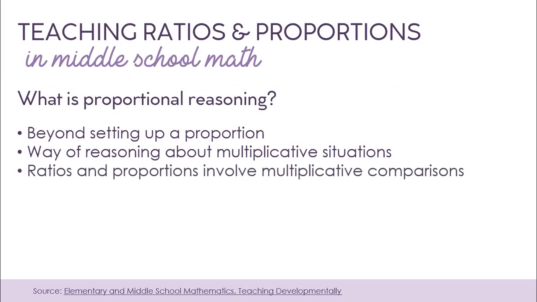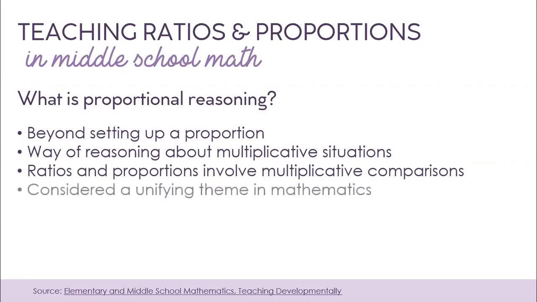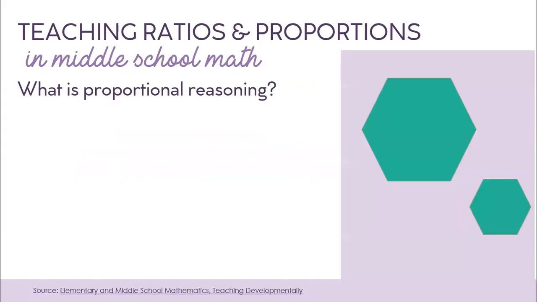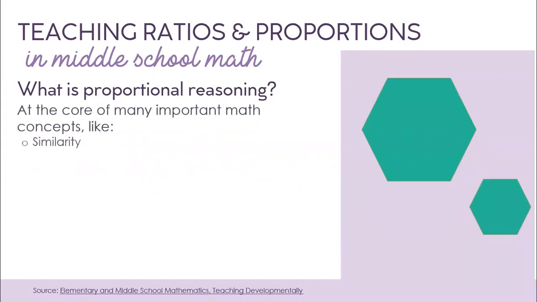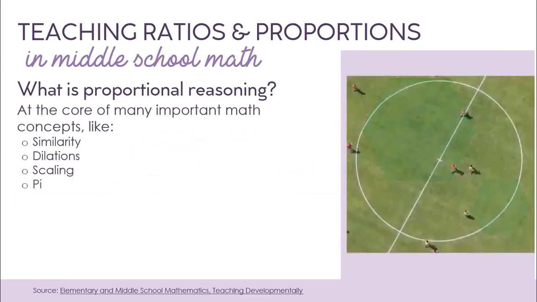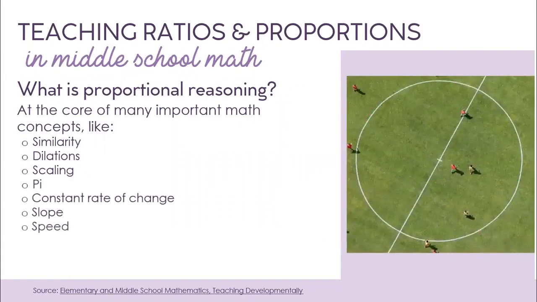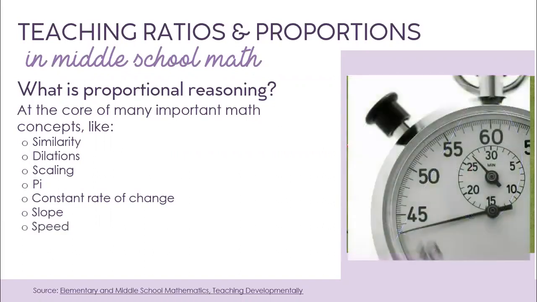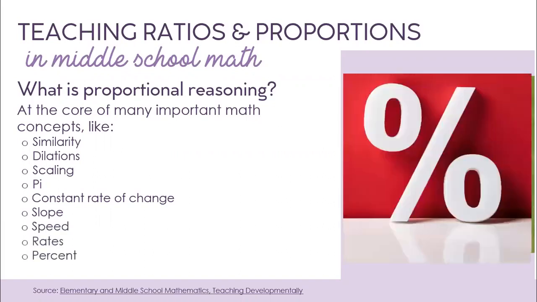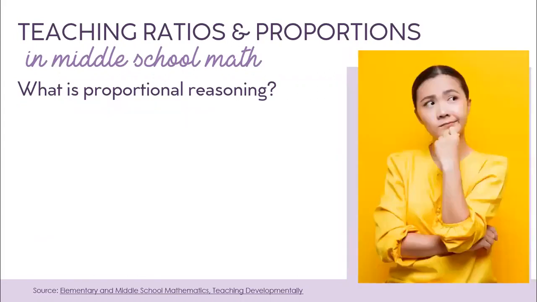They also state that proportional reasoning is considered a unifying theme in mathematics, at the core of many concepts like similarity, dilations, scaling, pi, constant rate of change, slope, speed, rates, percent, probability, and more. So it's in so many areas, which is why we can't cover it all today.